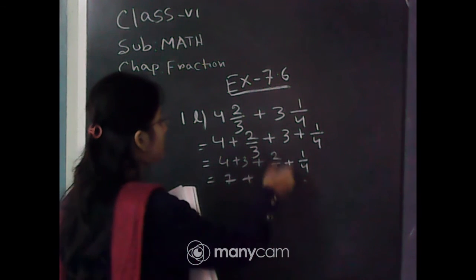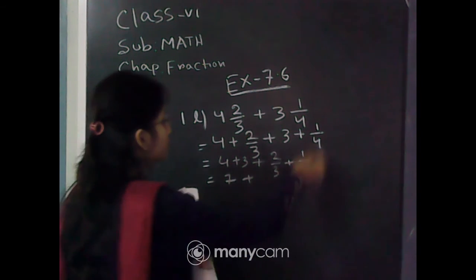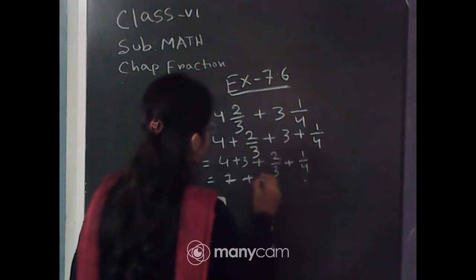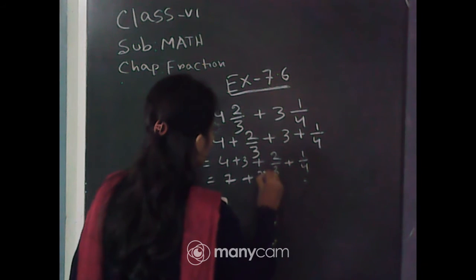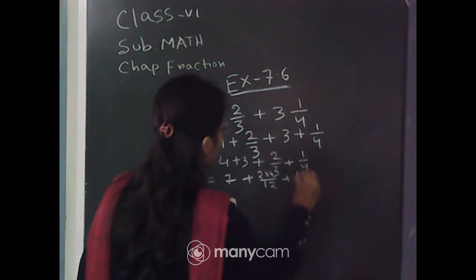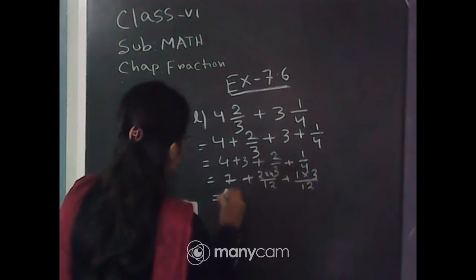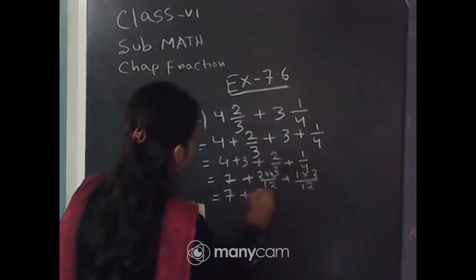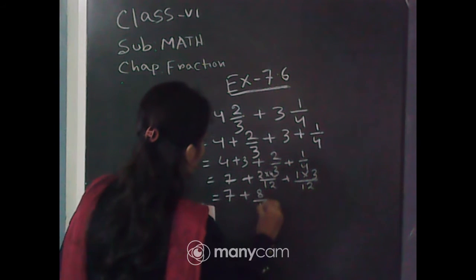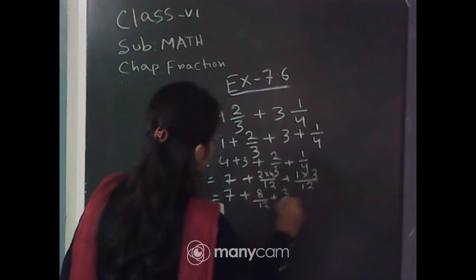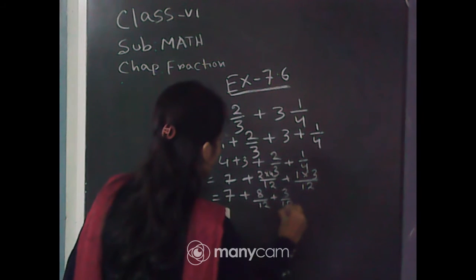Therefore, to make the denominator 12, we multiply this fraction by 4 and this fraction by 3, and we get 2 cross 4 divided by 12 plus 1 cross 3 divided by 12. This is equal to 7 plus 8 divided by 12 plus 3 divided by 12.